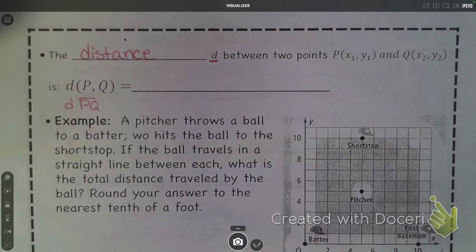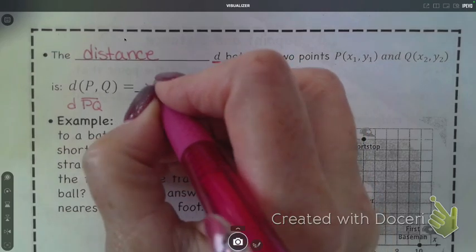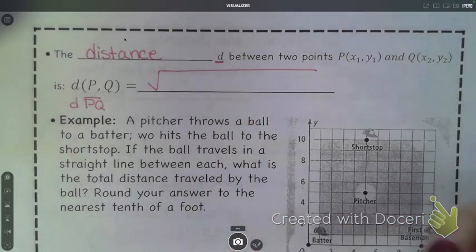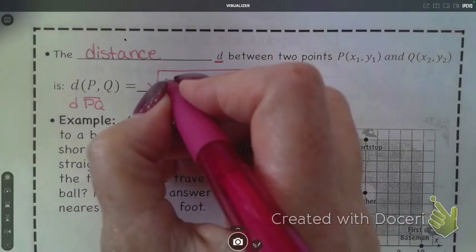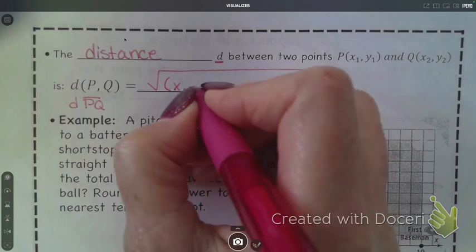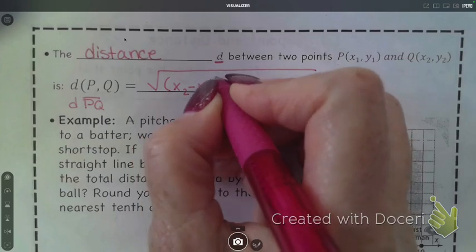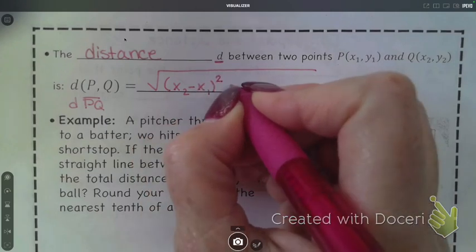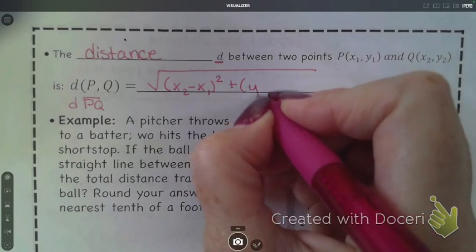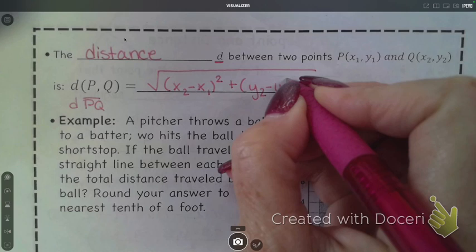As it says, the distance of PQ is the big square root of x sub 2 minus x sub 1 squared plus y sub 2 minus y sub 1 squared.